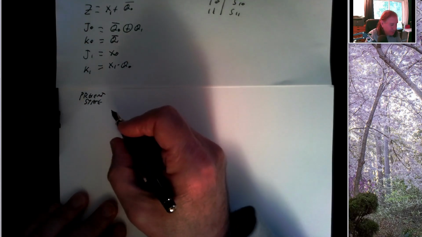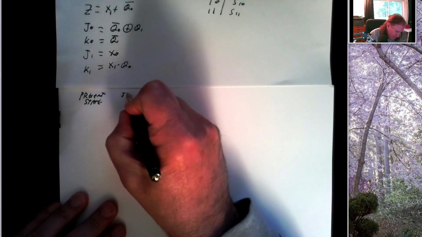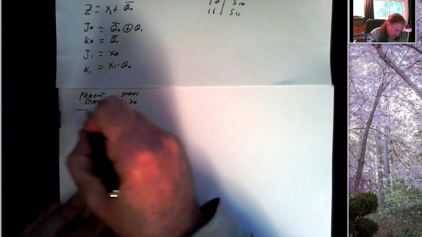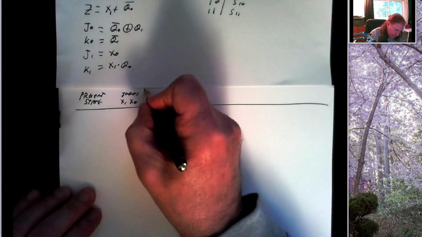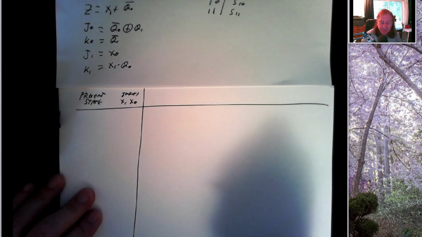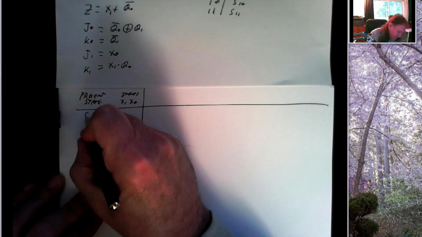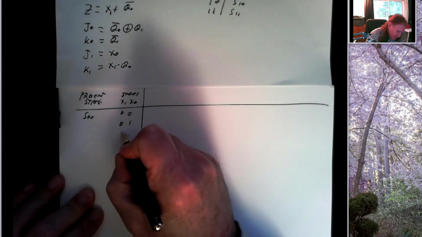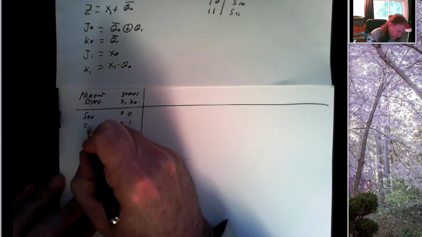We have two inputs, x1 and x0. Alright, so there's 16 possibilities. We could be in state S00, and our inputs could be 0, 0, 0, 1, 1, 0, or 1, 1.